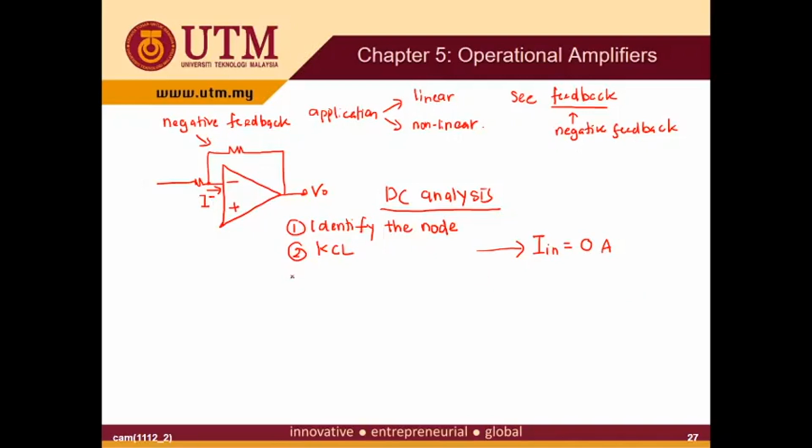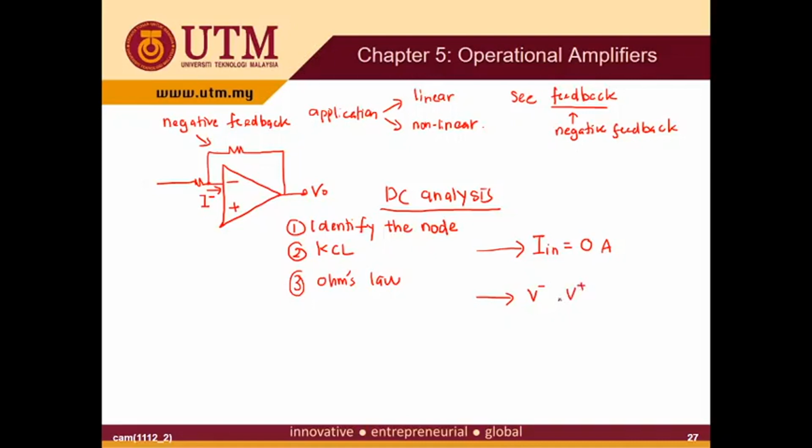After you do the KCL, you have the equation made of the currents. The currents can be expressed using Ohm's law. Now you have the equation as a function of voltage, and in the voltage you will have V minus and V plus.